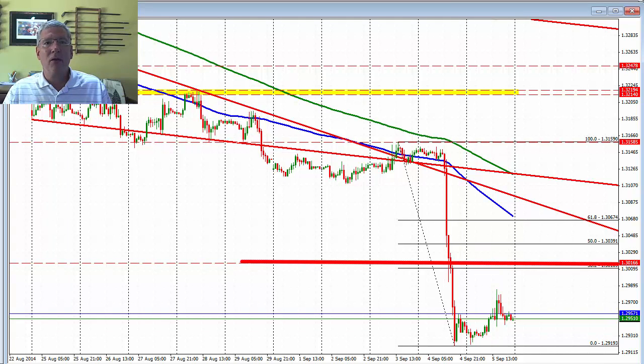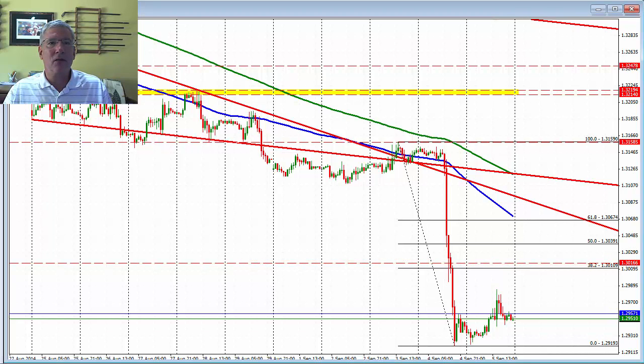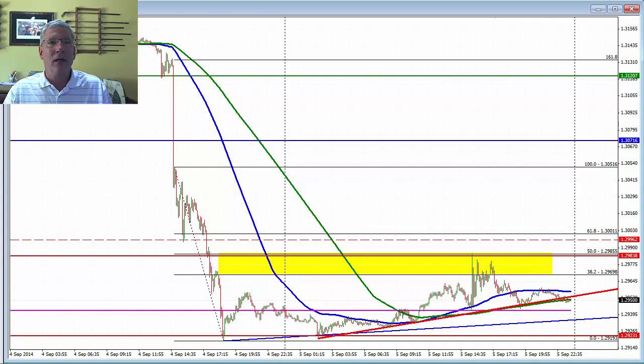And as long as we stay below that level, all's fine in the world with me for the euro versus US dollar. Just a quick look at the 5-minute chart here, and you can see the bearishness is continuing on this chart as well. This is the move down from last Thursday's high after the ECB interest rate decision, and the biggest correction point after the initial shock of the easing and the increased stimulus came up to this level at 130.51.